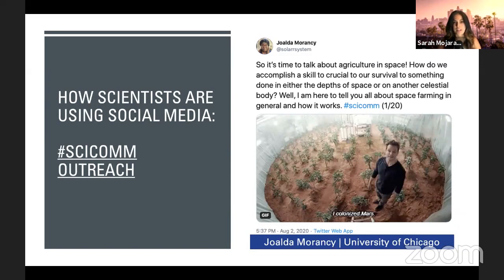I encourage you to take down her handle and follow her, because what I loved about this thread in particular is she did a combination of science communication and she made it relevant to things that people would identify. So here you're seeing Matt Damon, and in each of the tweets that she had in this thread, she really related it to things that a general audience, a non-scientific audience would understand.